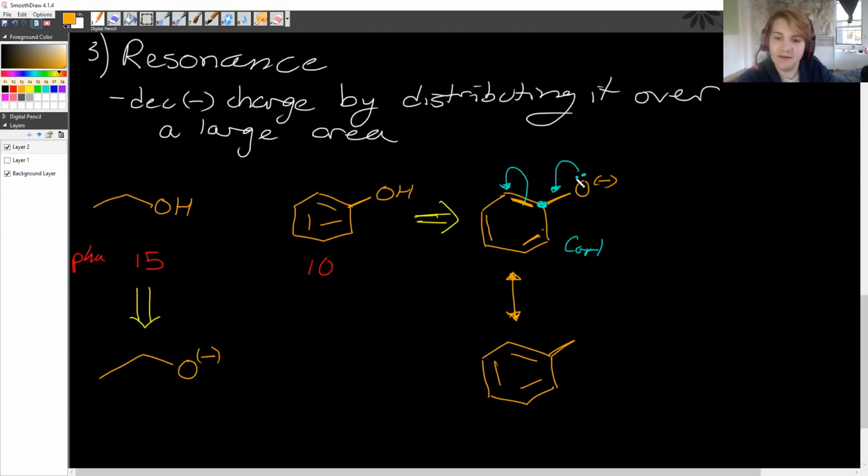And what happens is that these electrons that are here move down and create a new double bond between Carl and the oxygen. So they create this bond right here, this new double bond going on.